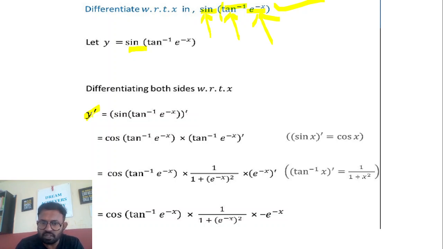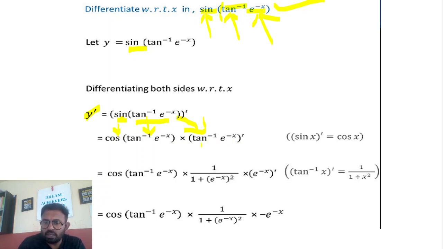So y dash is nothing but what? It's the differentiation. So sin differentiation is what? Cos. So I will write cos of the inner terms; I should keep them as they are. Clear? Don't confuse. Sin of tan inverse of e power minus x. Now I need to differentiate once again the inner one, that is tan inverse of e power minus x.